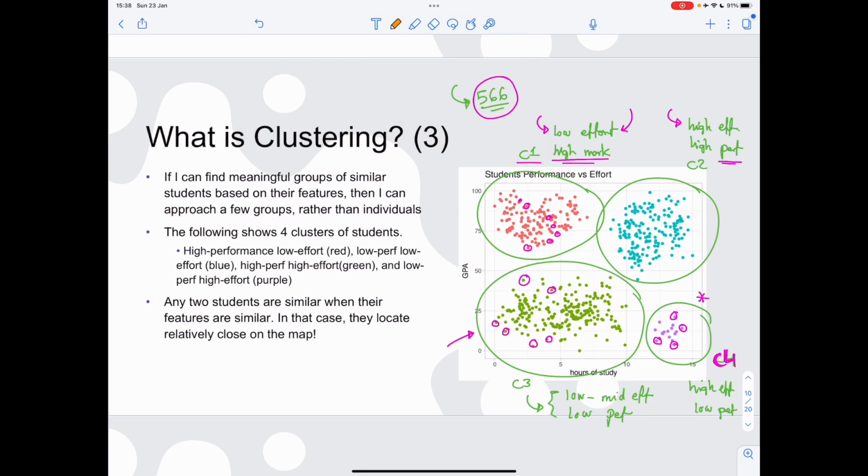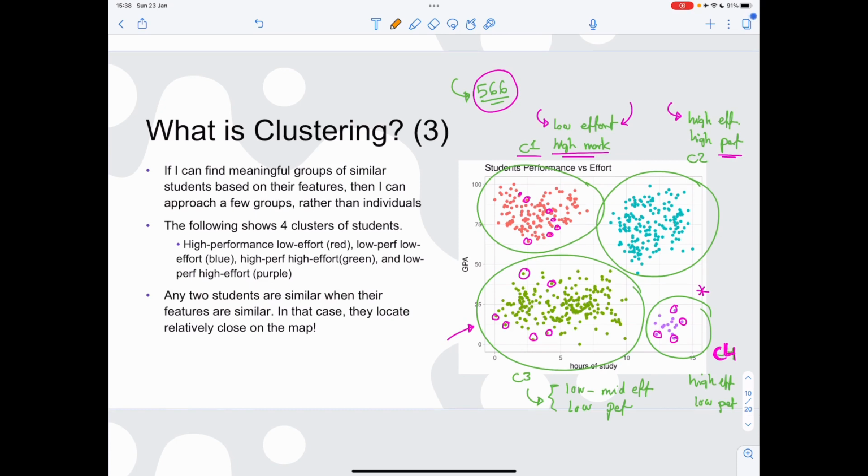those two criteria are met. One, the within cluster similarity is high.